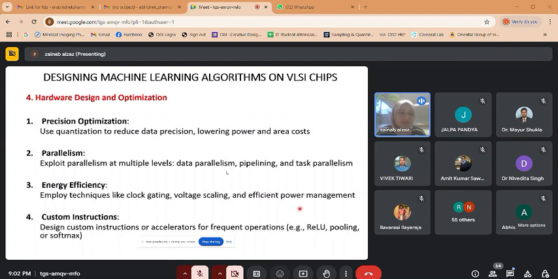So now, hardware design optimization. If you want to reduce the precision, you can give only 8-bit inputs, and then you can make a smaller multiplier, and then you can exploit parallelism. There are various books on Verilog and VHDL that explain how to achieve parallelism in data and parallelism in tasks when you are implementing.